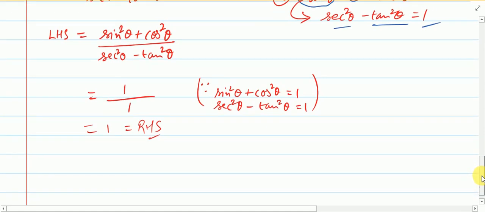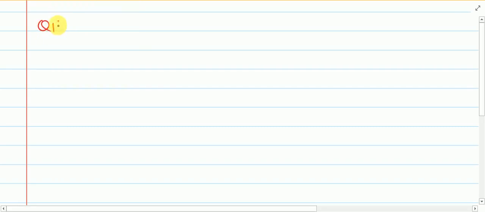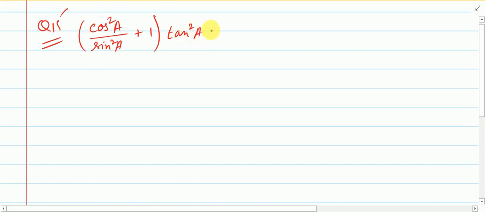Then question number 15. So let us see question number 15. So here we have cos square a upon sin square a plus 1 into tan square a is equal to 1 upon cos square a.